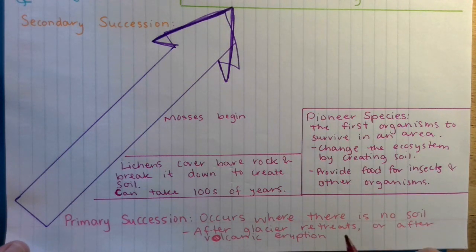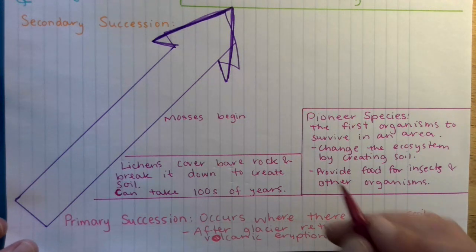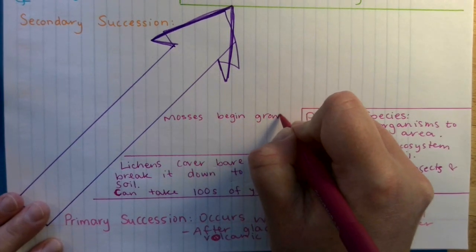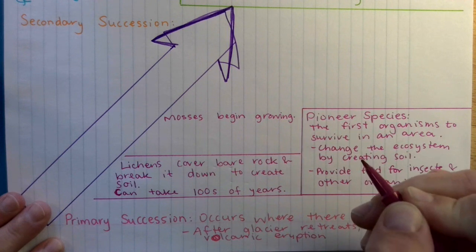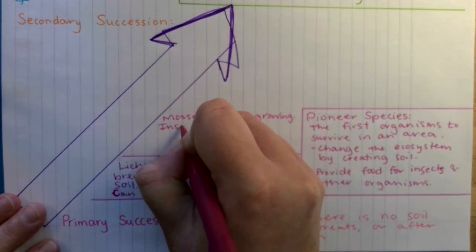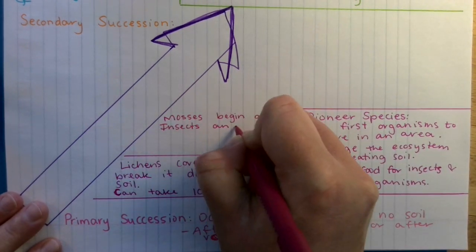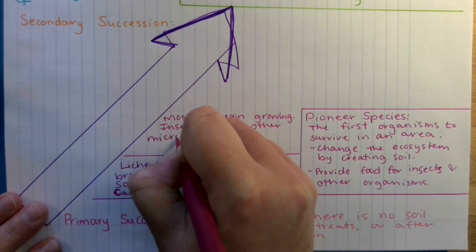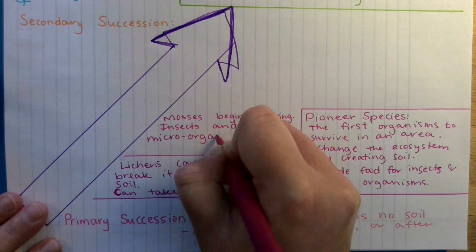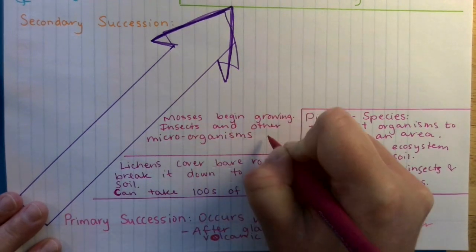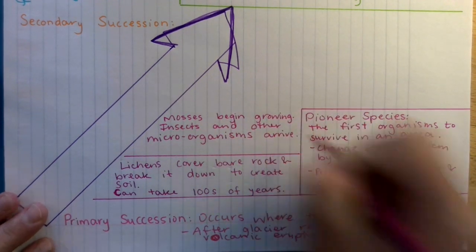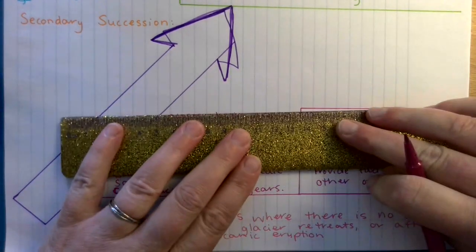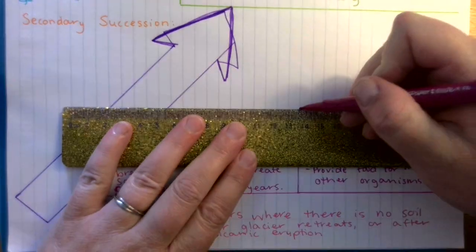Mosses begin growing. Insects and other microorganisms arrive. So those are all of our pioneer species.